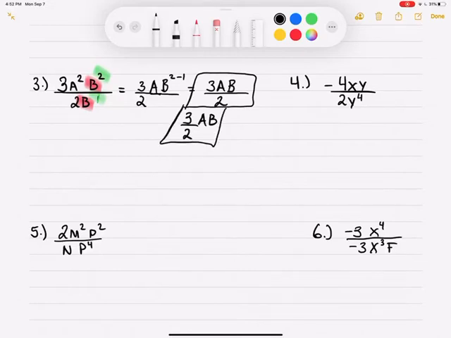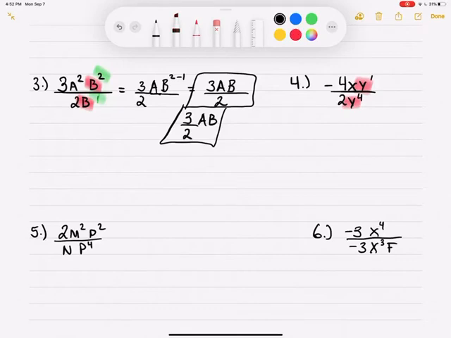In example 4, I have negative 4xy over 2y to the 4th. 4 and 2, they're not like bases, but they can be divided, they can be reduced. The only like bases that I have up here are y to the 1st and y to the 4th. Okay, so my y's are like bases.